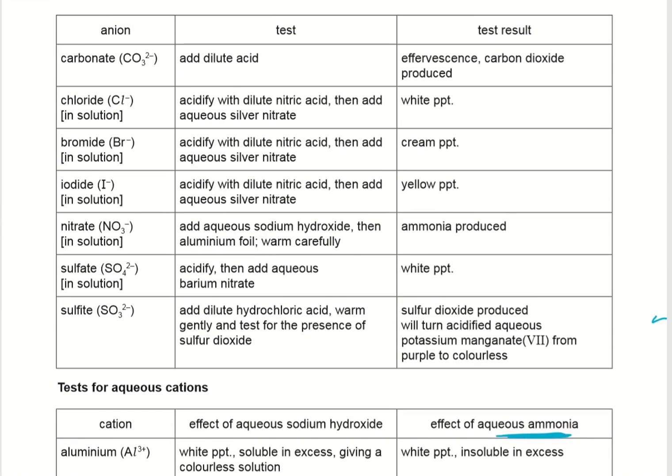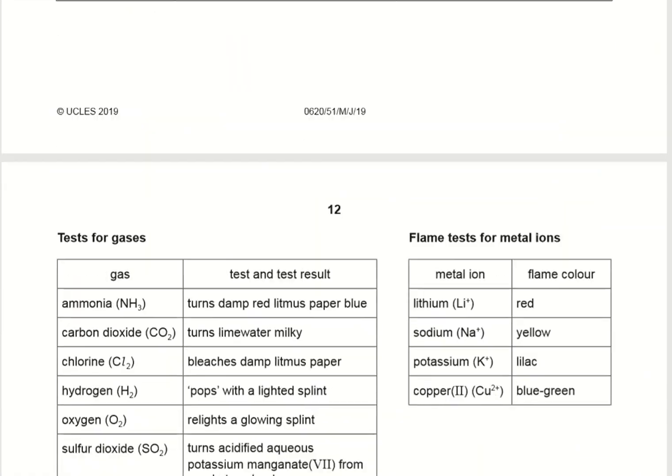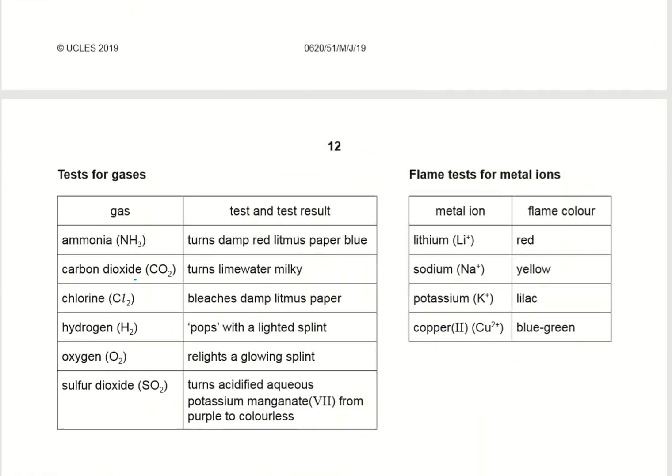Then talking about carbon dioxide being produced: when you have dilute acid added to a substance that contains a carbonate, you have effervescence and carbon dioxide produced. How are we sure that carbon dioxide was produced? Let's go and see the test for carbon dioxide. Carbon dioxide turns lime water milky.